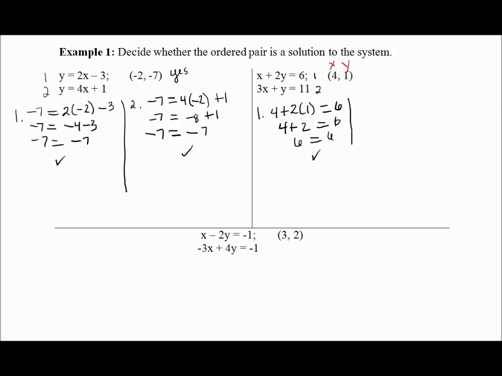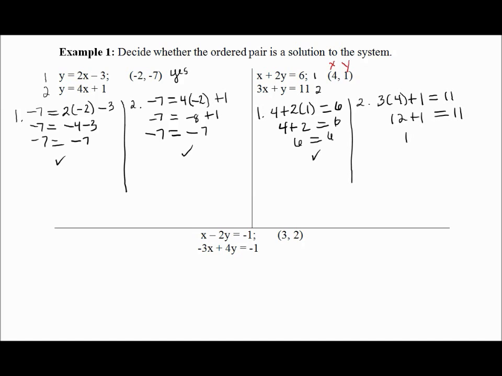Now, a common mistake that students make is they'll check the first one, and if it works, they'll stop. You have to check both because it may work in one and not the other. My second equation is 3x plus y equals 11. When I make my substitution, this becomes 3 times 4 plus 1 equals 11. 3 times 4 is 12 plus 1 equals 11?